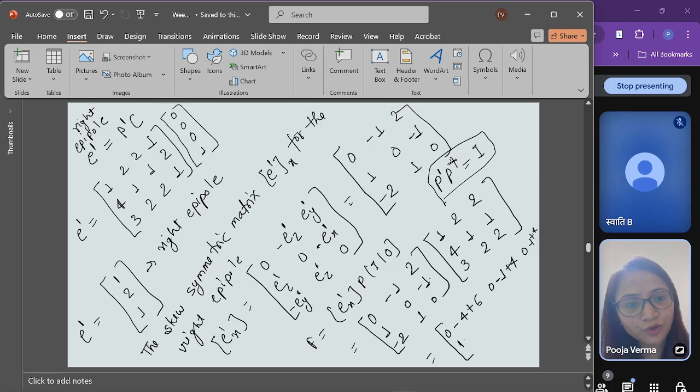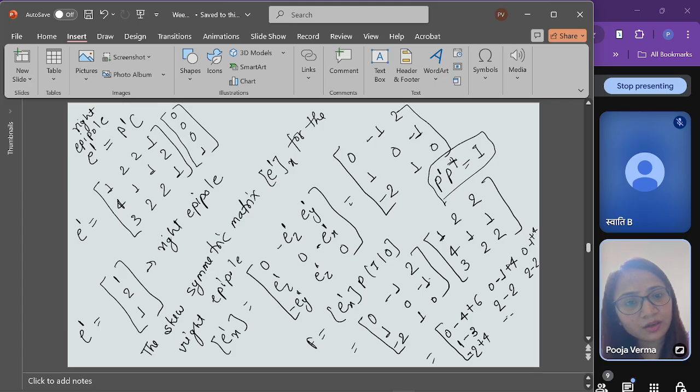So 1 minus 3, right? Now 2 minus 2 we will get here. Here the next one is 2 minus 2 also. The last one is minus 2 plus 4. Next will be 0 only.